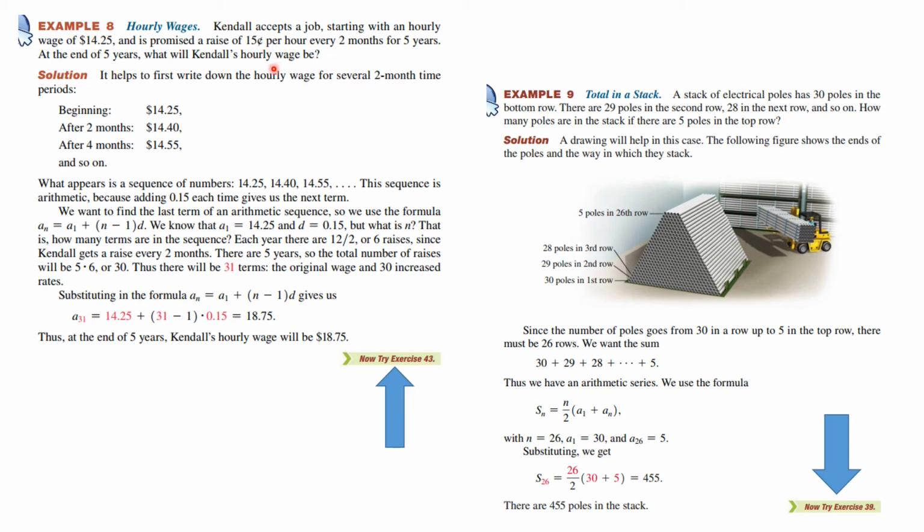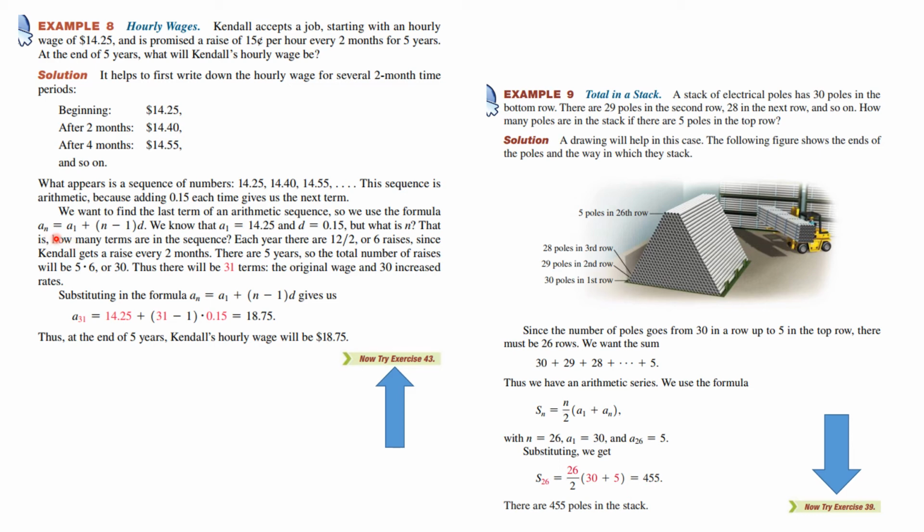Well, you see what happens is he gets a raise every 2 months, and so this is going to be an arithmetic sequence. So he begins here, after 2 months he gets this, after 4 months he gets this, and so on. Each one is adding 0.15 to the last. So what we want to know is, what's the last term? How much is he making at the end?